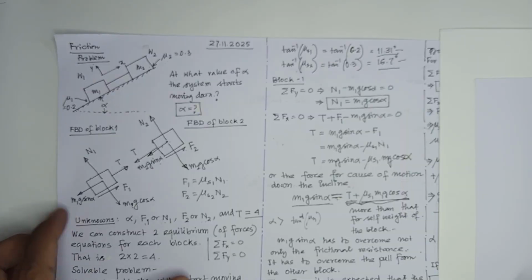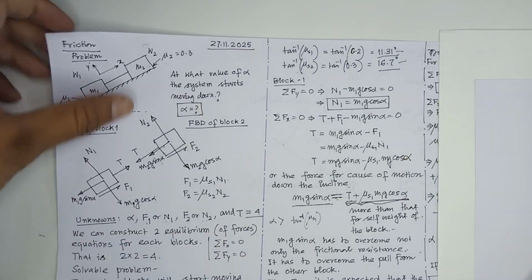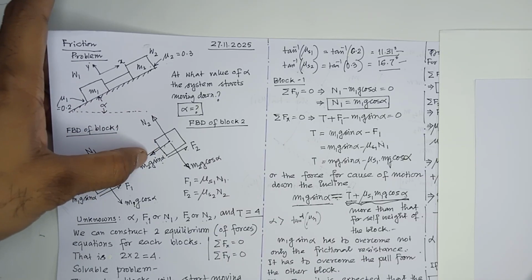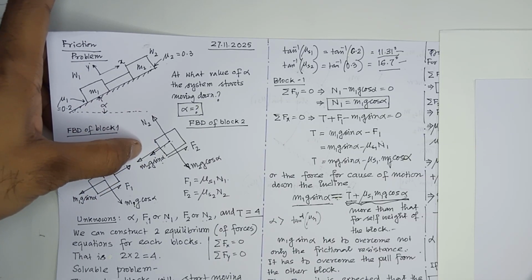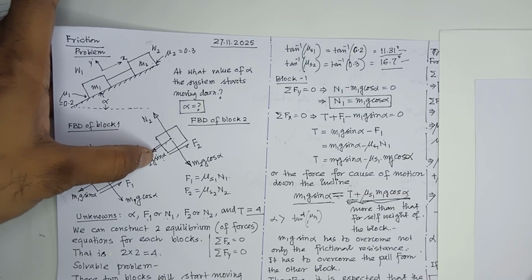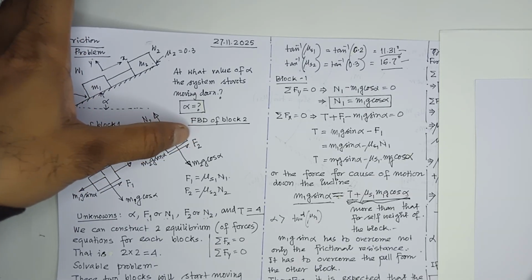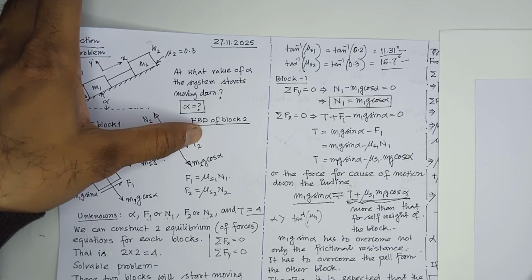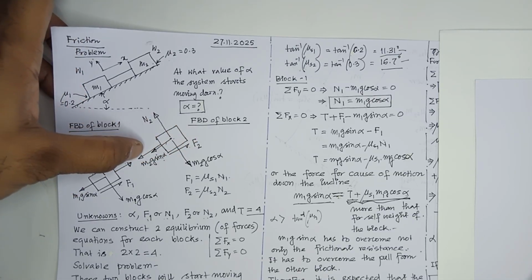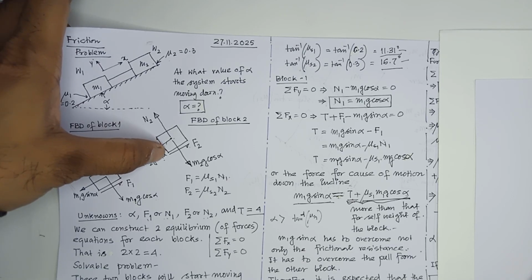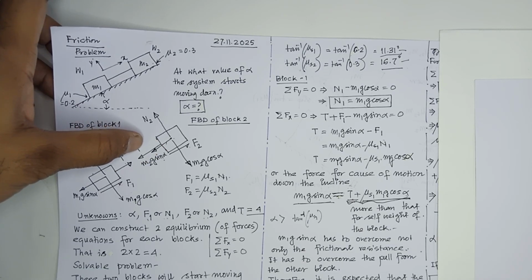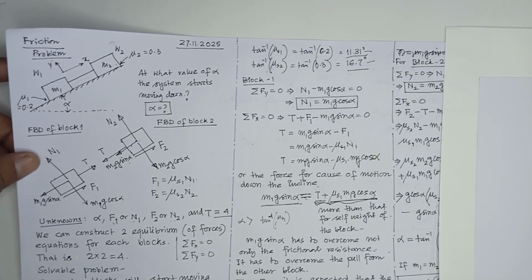And in the same way, if you see m2g sin alpha plus t is equal to f2, now friction will be overcome by both m2g sin alpha and t. So therefore alpha should be less than the angle of repose. Okay, whatever.